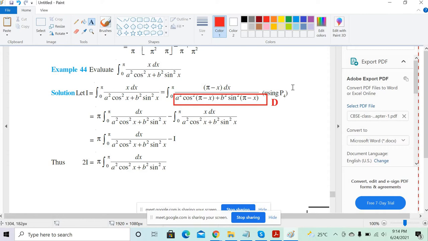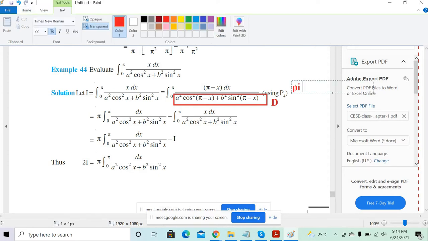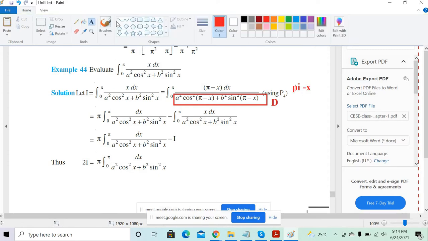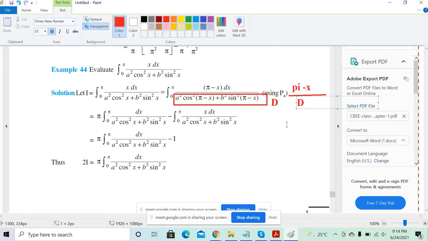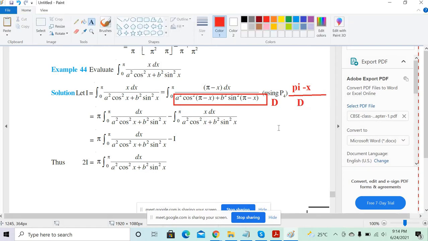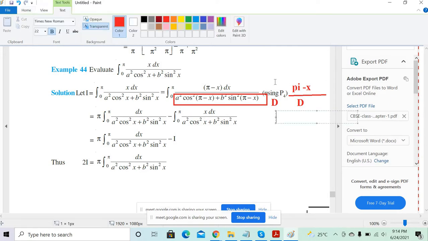The integration is pi minus x, the whole divided by the denominator, isn't it? Now I want to separate the numerator as a fraction. So it will become pi by D minus x by D. Correct?